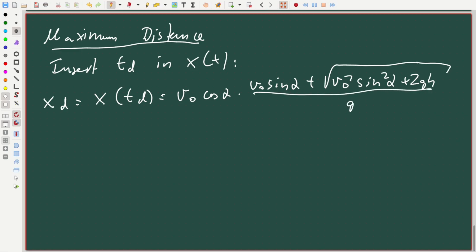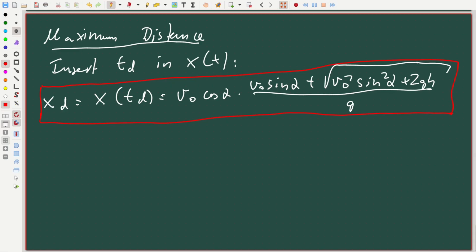We can make a few changes in this formula, but nevertheless it will not become much easier than that. So I think this is the way we have to do it, and we can also highlight this as an important formula.